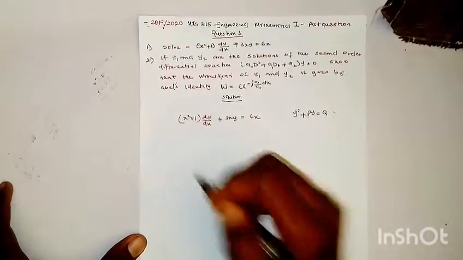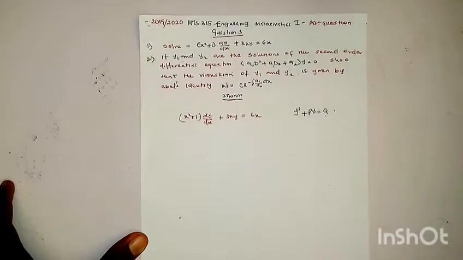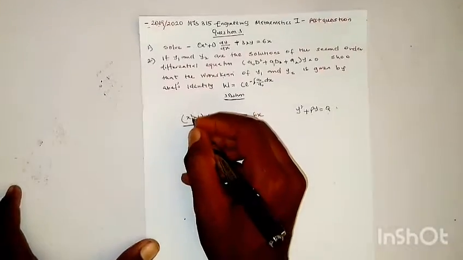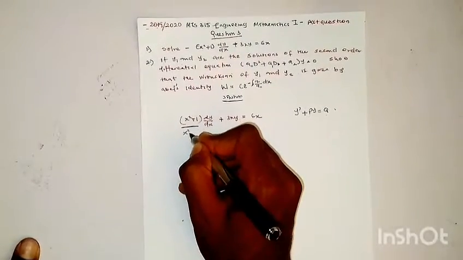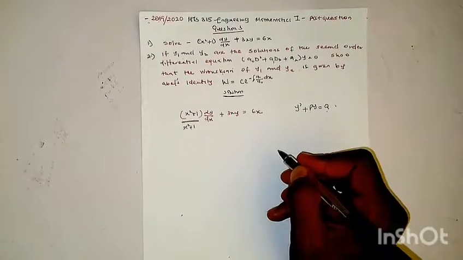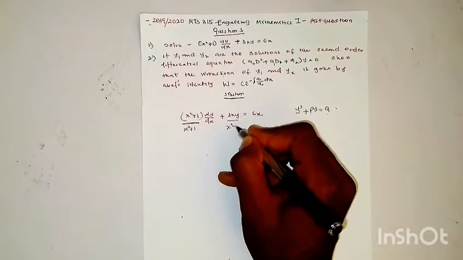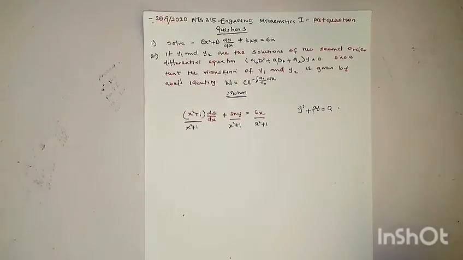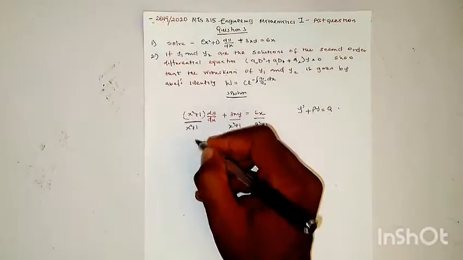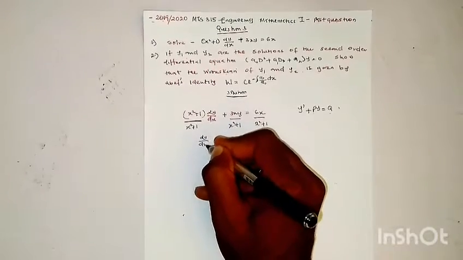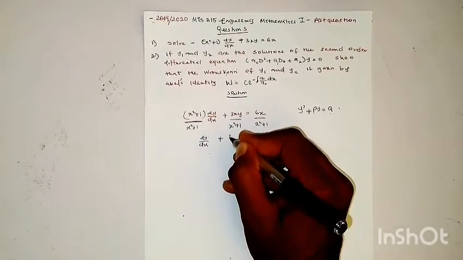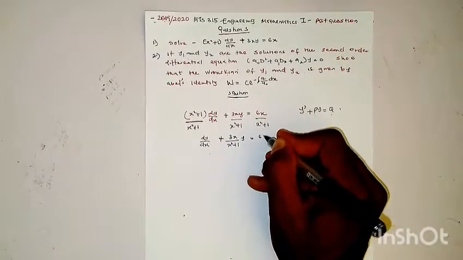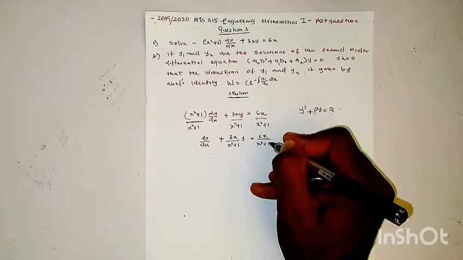So eliminating x squared plus 1 will give me, dividing both sides by x squared plus 1, this is x squared plus 1 divided by x squared plus 1 over x squared plus 1. Is that taken? So this will give me dy dx plus 3x over x squared plus 1 y equals 6x over x squared plus 1.